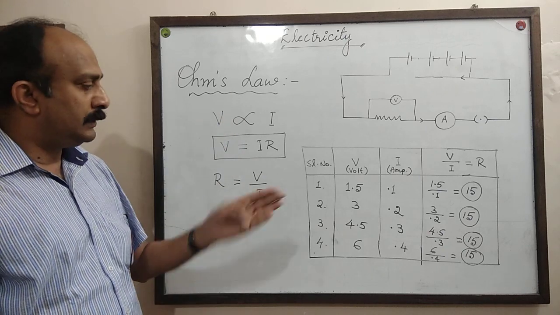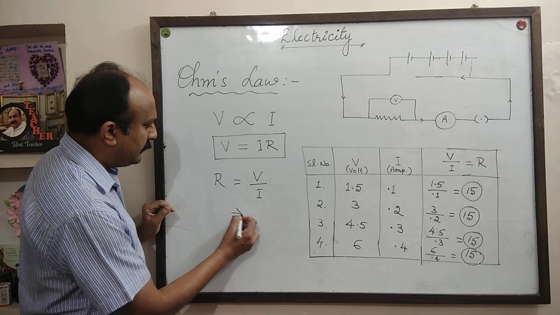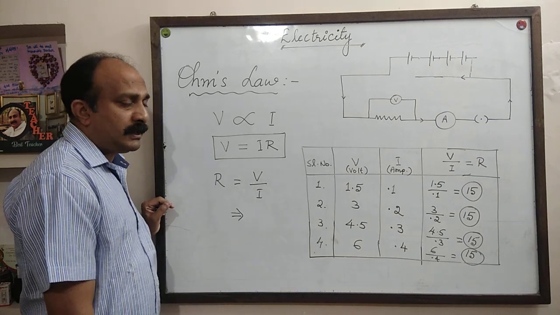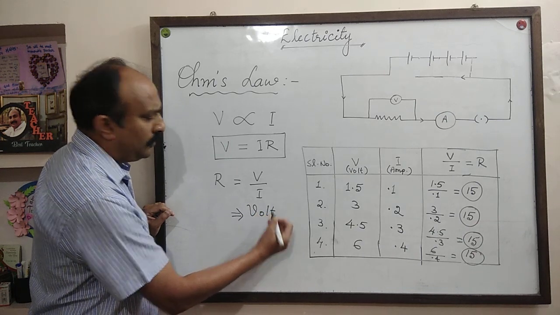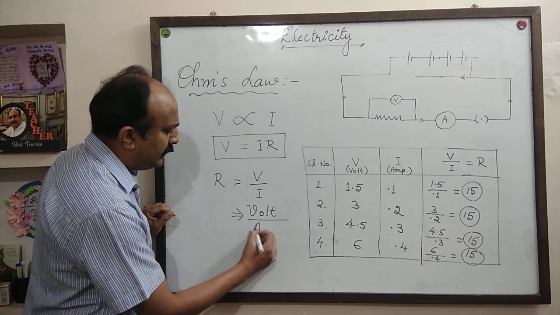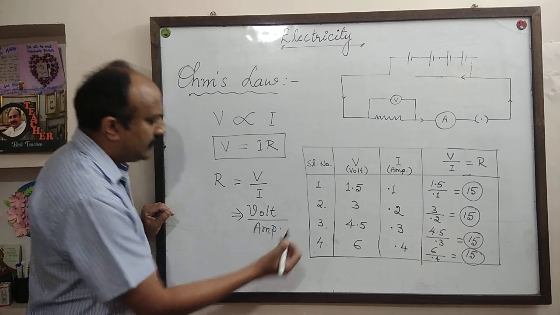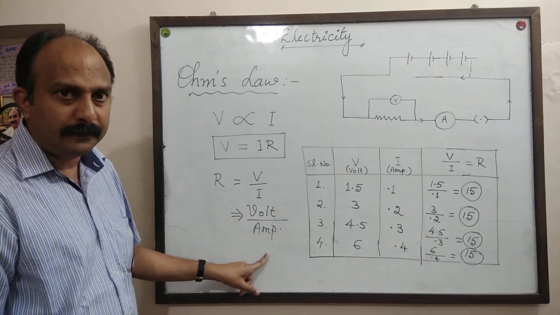Now I am going to take the SI unit of this resistance. We know that V means potential difference. Potential difference is measured in volt. I means electric current. Its SI unit is ampere. So the SI unit of resistance is volt upon ampere.